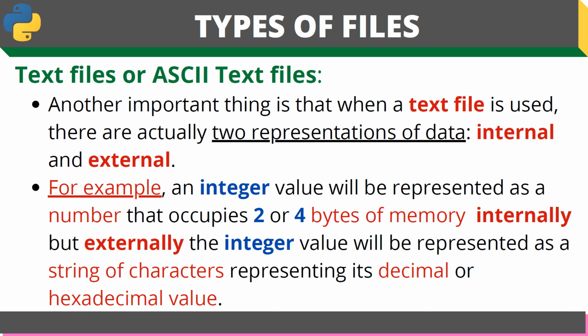But externally, the integer value will be represented as a string of characters representing its decimal or hexadecimal value. Internally, we can store it in the form of a binary number, which will occupy 2 or 4 bytes of memory, but externally we can represent it as a string of characters, using either a decimal or hexadecimal value.